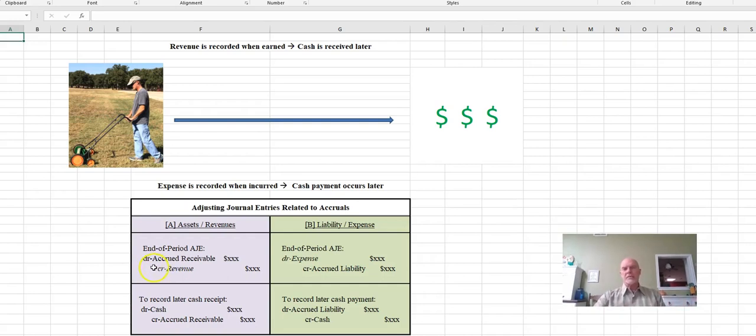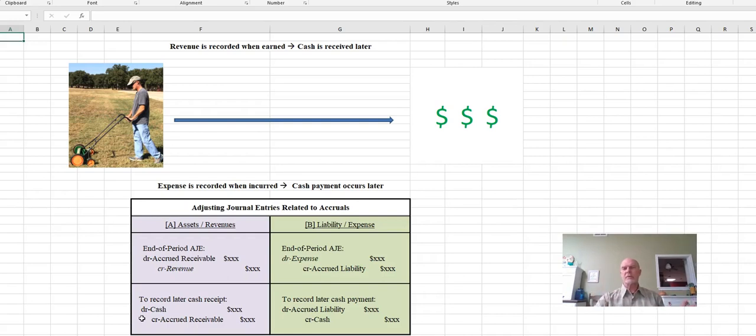But in a general sense, we are accruing the receivable there for the work that's already been done. And then later, we would debit cash and credit the receivable when we collected the money. Again, we've already been doing that as well, but just to add focus to the fact that sometimes the income effect happens first, and then we collect the money.